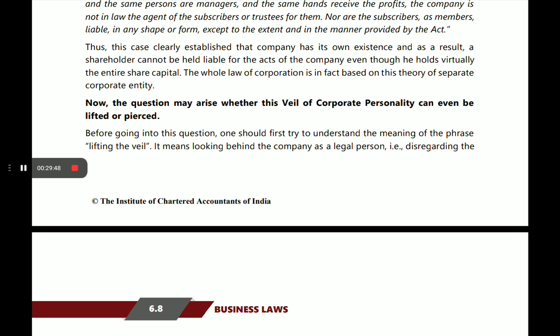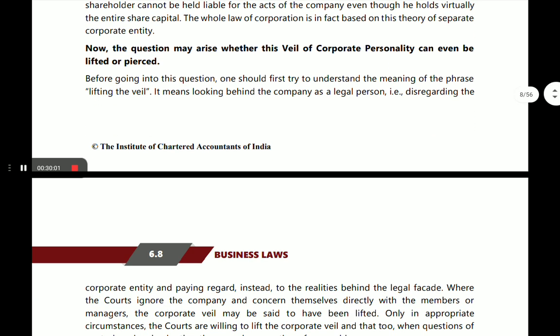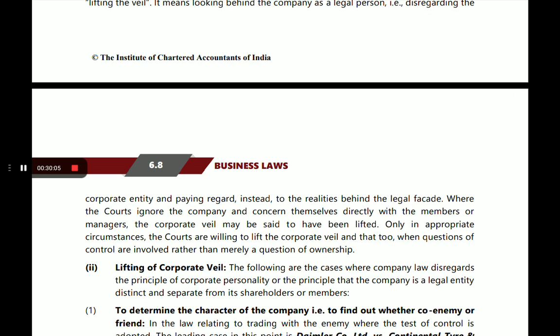It means looking behind the company as a legal person, that is, disregarding the corporate entity and paying regard instead to the realities behind the legal facade, where the courts ignore the company and concern themselves directly with the members or managers.